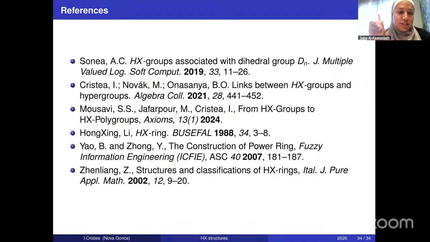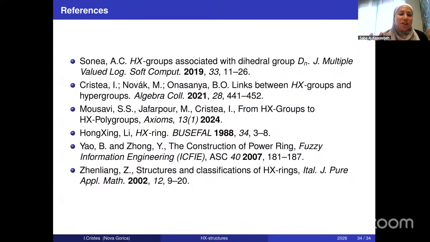Since HX rings and power rings are closely related, under what necessary and sufficient conditions does an HX ring become a power ring? I can't answer you, unfortunately. We found just several examples when they are equal, but a general rule till now we couldn't discover.